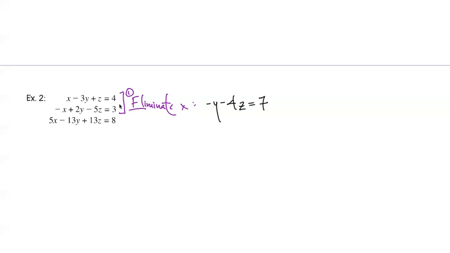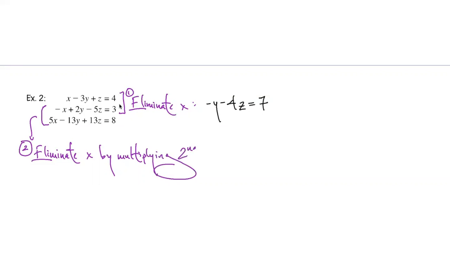We're going to take that second equation, we're going to distribute a 5, and then we can get rid of the x's in that one as well. Love it. So step 2, eliminate x by multiplying the second equation by 5.